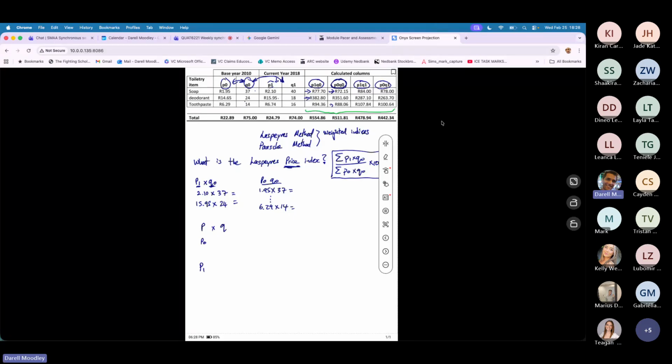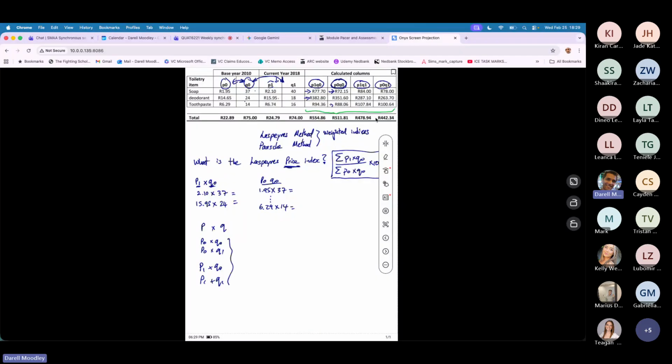P0 you multiply by Q0, and you also have P0 multiplied by Q1. In the same way, you'll have P1 times Q0, and P1 times Q1. So just think of every P and Q pair. You'll have 4 of them. That's why you have 4 columns. Does that make sense?